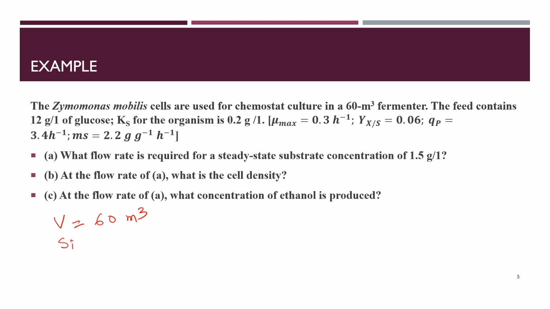So, Si is 12 gram per liter and Ks of the organism is 0.2 gram per liter.